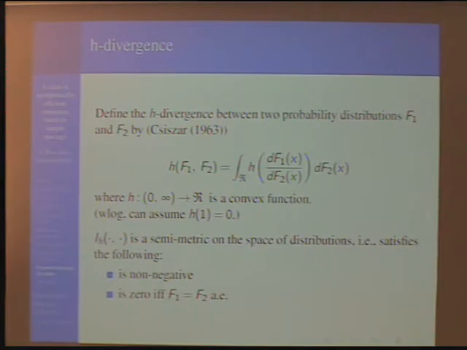Here is the Csiszar divergence, which is defined for a convex function h between F1 and F2 by this measure. It is not quite a metric, but it has most of those properties. It's like the Kullback-Leibler distance, and Kullback-Leibler is of course a special case of this.